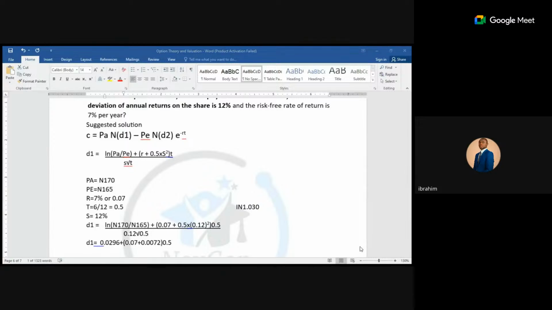What do you have? 0.0849. You've multiplied, right? Yes, sir. So we can add these two together, then multiply by 0.5.